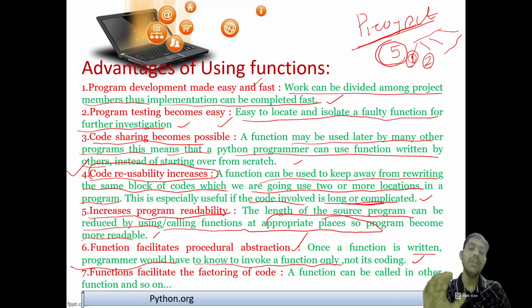Whatever logic you have written inside the function, you need not write it again and again. When you call this function, the logic is automatically invoked and shows the result.